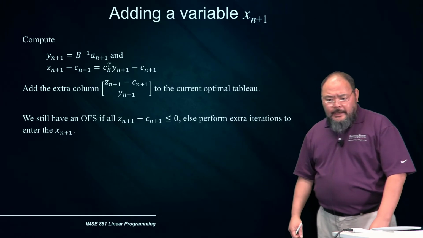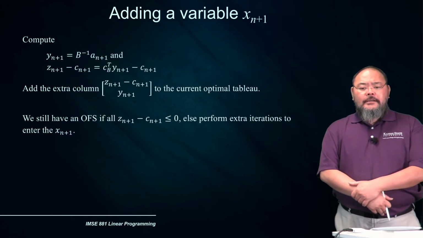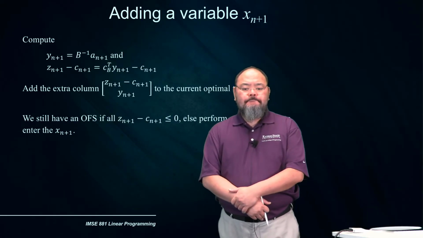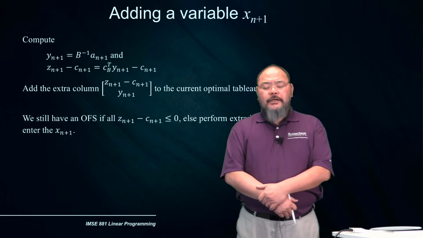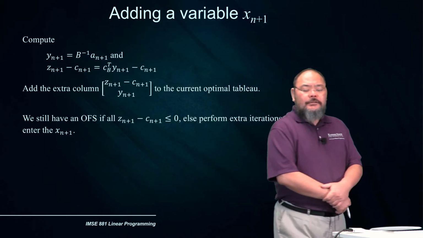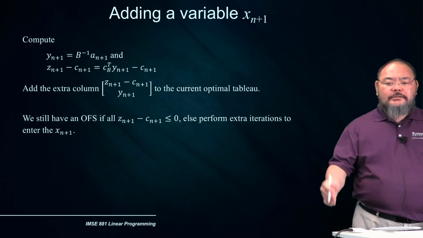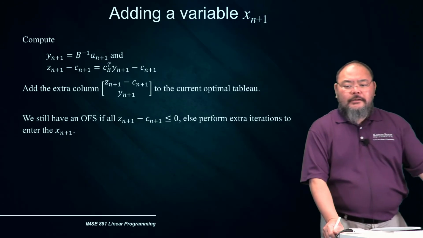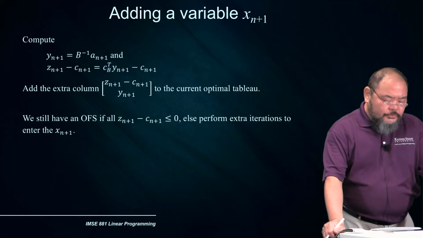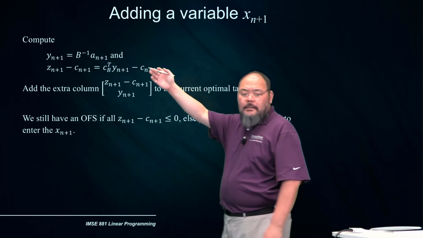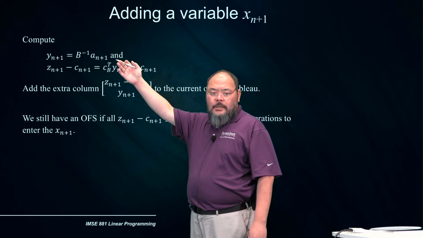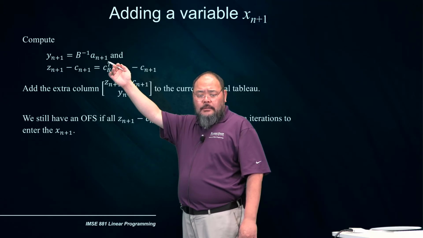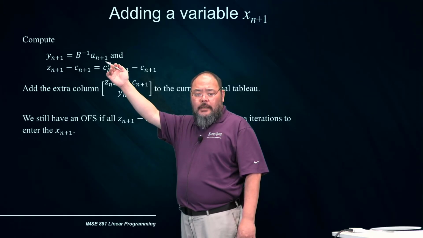Okay, slide number 14 talks about if we add a variable xn+1. Actually, the computation will be fairly easy. Since xn+1 is newly added, we assume it is a non-basic variable at this moment. So we're going to recalculate its y column after pivot, given the original input column an+1.